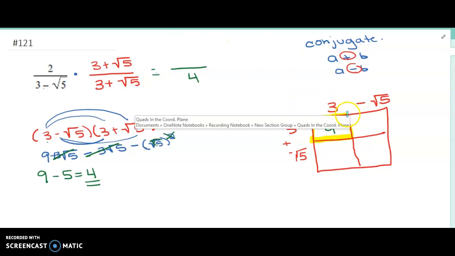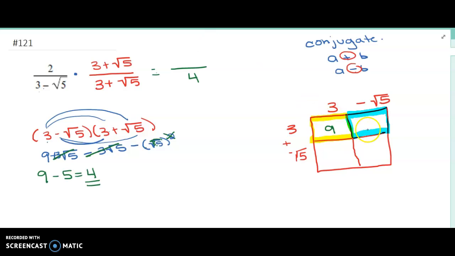If I look at this box here, the sidebar's 3, this top is negative square root of 5, so if I multiply them together, I get negative 3 square root of 5. Bottom part is 3 and square root of 5, and this is a plus. So positive 3 square root of 5, and negative square root of 5 times a positive square root of 5 is going to be a negative square root of 5 squared. Square root of 5 squared is just 5, so negative 5.